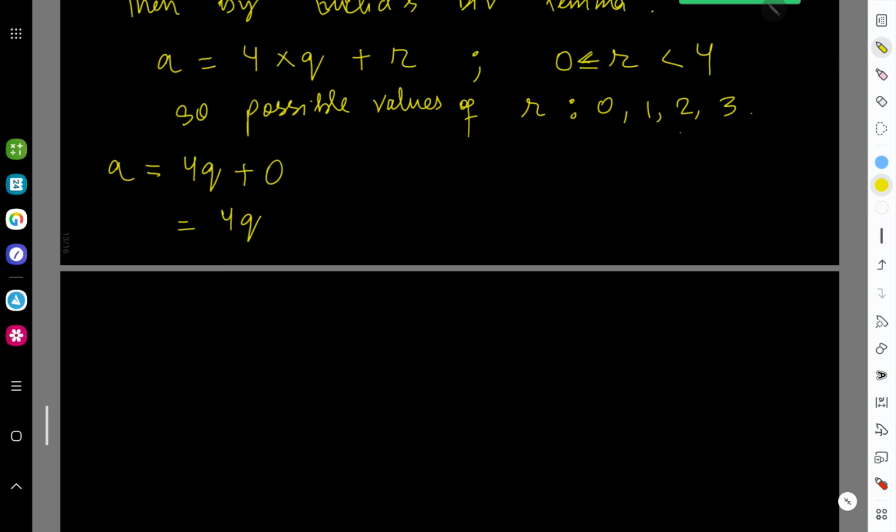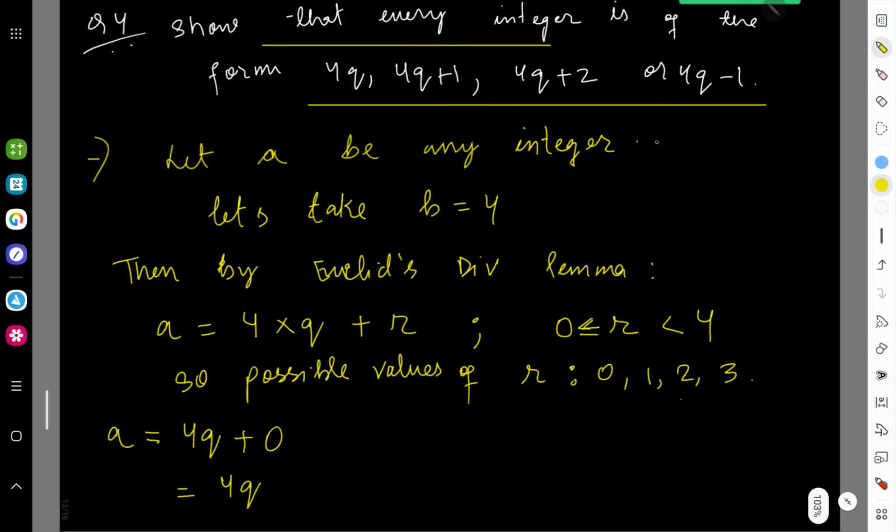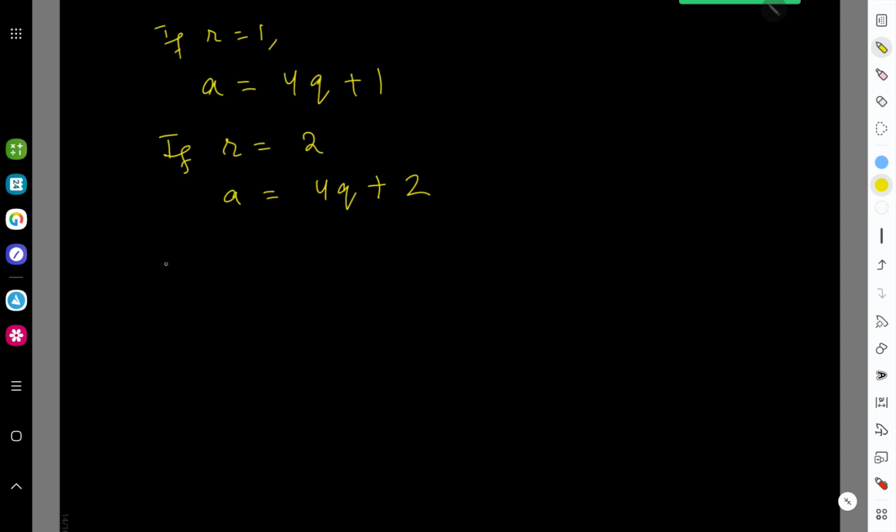And then like that, let us substitute the values of r: 1, 2, 3. If r is equal to 1, then the value of a will be 4q plus 1. If r is equal to 2, our a will become 4q plus 2, and if r is equal to 3, then the value of a will be 4q plus 3.